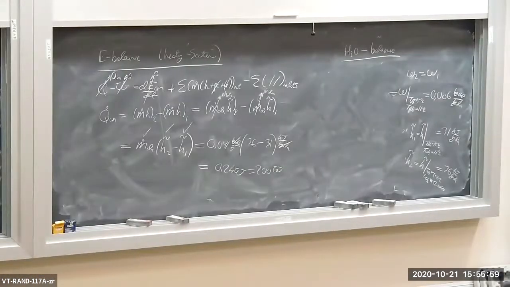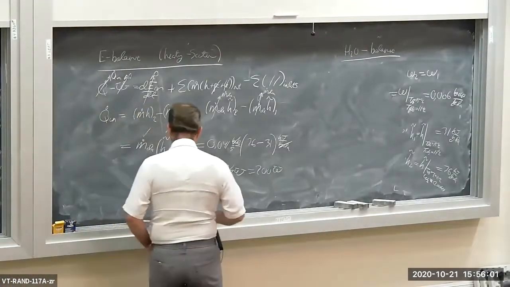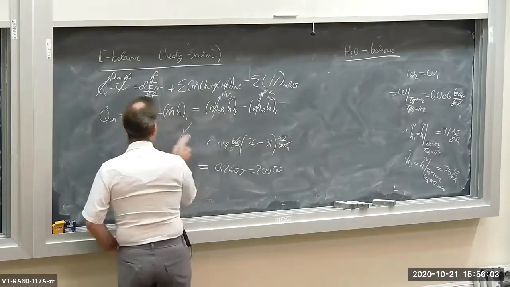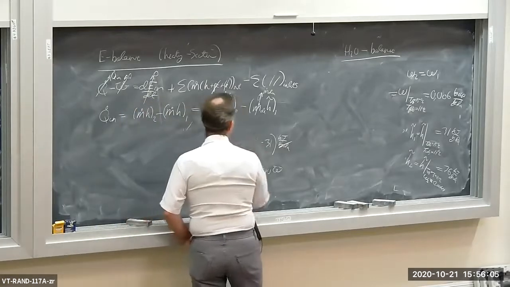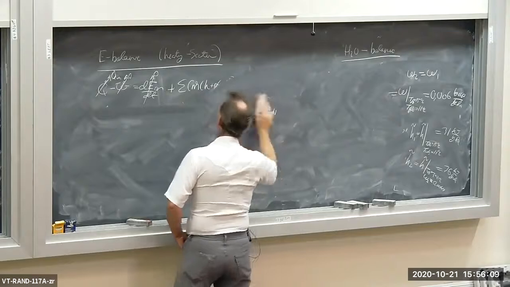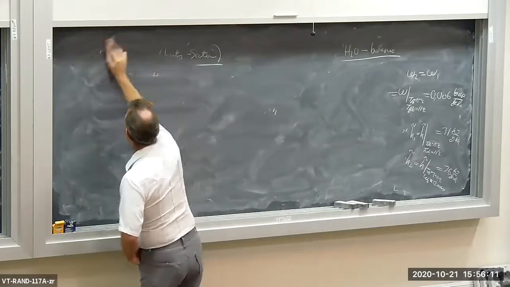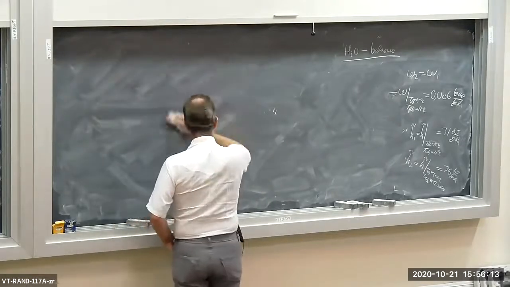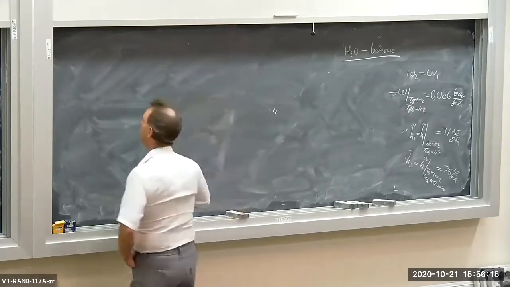Okay, so let's go back and now we're going to apply a mass balance for the H2O on the humidification section. Let's apply a mass balance just for the H2O component in our moist air in the humidification section.